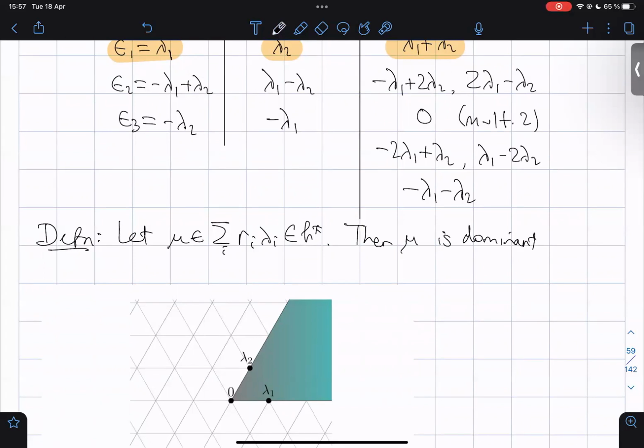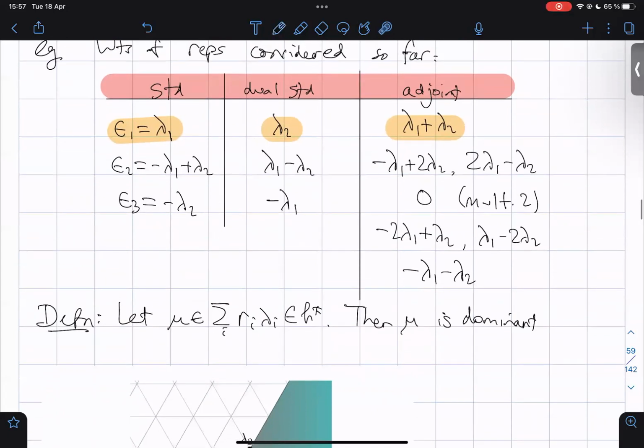Actually, before I formulate the definition, what do you notice about these weights that I've put in orange? The coefficients are all non-negative with respect to this fundamental weight basis. That's what we're going to formulate here.